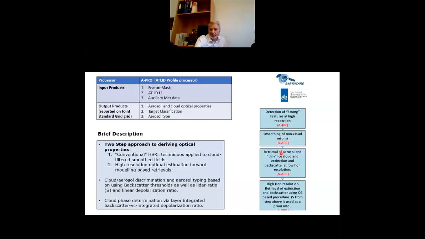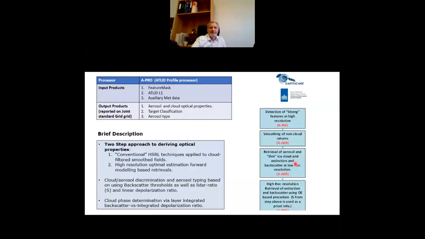And then A-EBD uses the input from the AFM and AER to go back and try to get the clouds and aerosols together. This last one here should be A-EBD, but it's cut off. It's the same product in the second and third box.